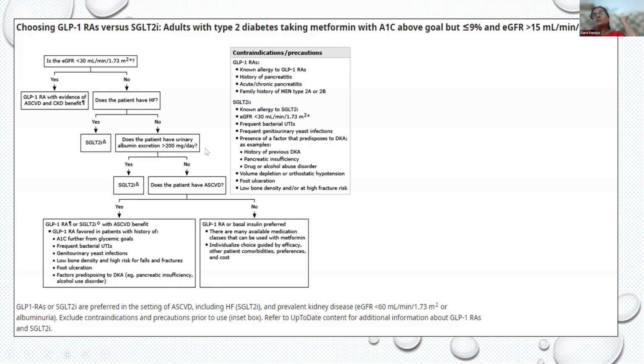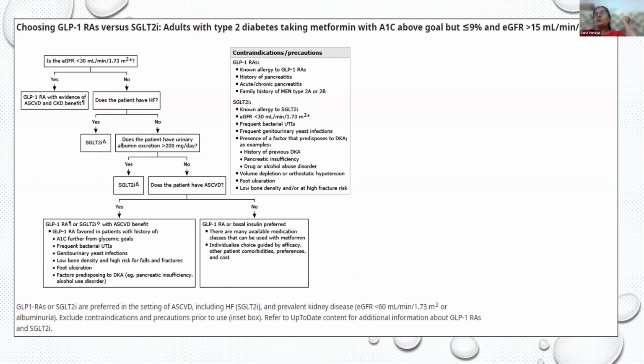If not at risk of heart failure, but they have proteinuria or albuminuria, go with an SGLT2 inhibitor again. And if they have high atherosclerotic cardiovascular disease risk, then go for a GLP-1 receptor agonist. And these are certain contraindications that we need to be aware of for GLP-1 receptor agonists and SGLT2 inhibitors. So these patients should not be started on such treatment.